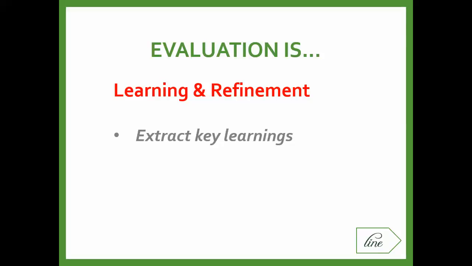Essentially, you want to be able to extract key learnings or to derive some insights from the information that you gather. For example, along the way when you are doing this monitoring, you might see that the people are coming in late when we conduct this program. Through this data that you collected, you might say that, well, perhaps if we shift the timing of the program itself, people might be able to come in on time.